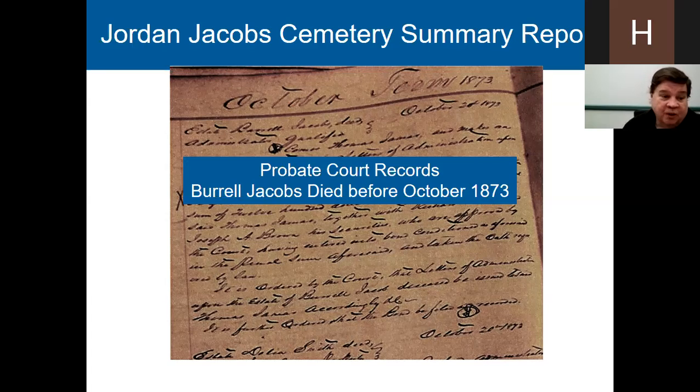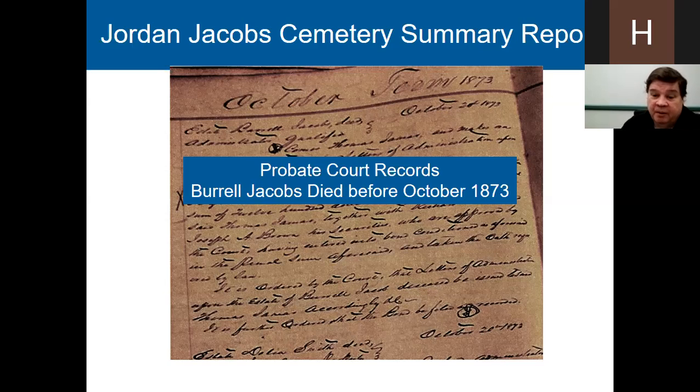So among these records was this probate court record for Burrell Jacobs, and it's from the October term of 1873. Well, what does that mean? If they filed probate records in October of 1873, he had to have been dead before then, but not long before then.